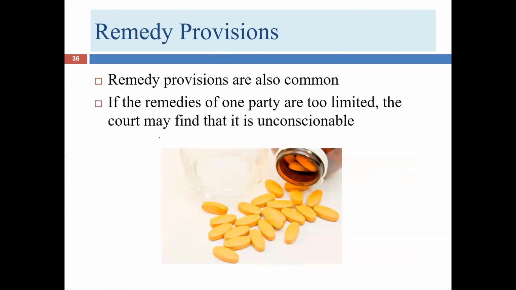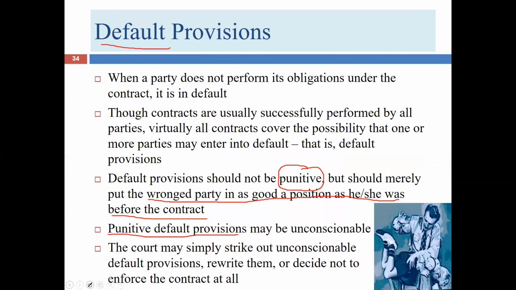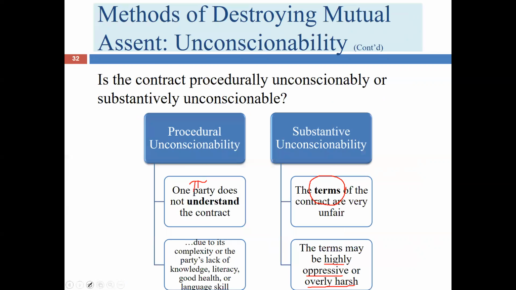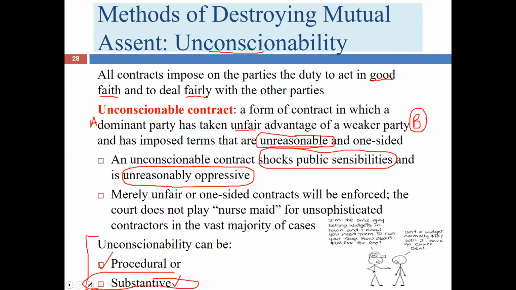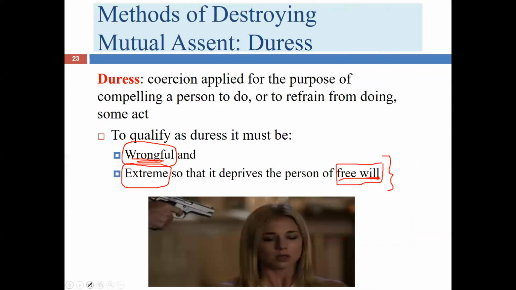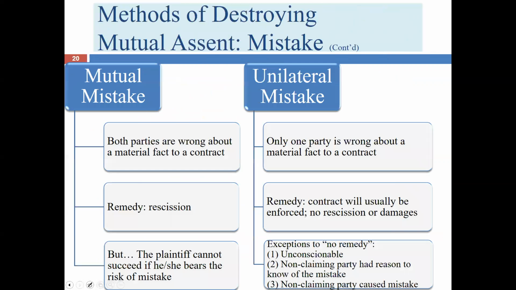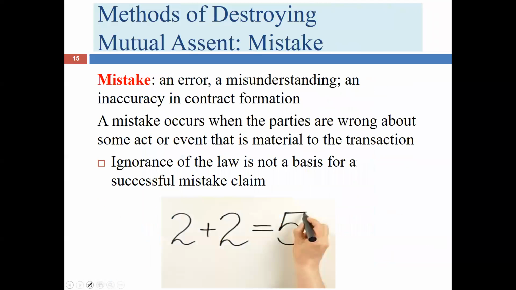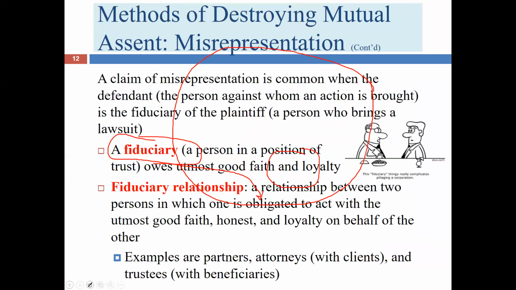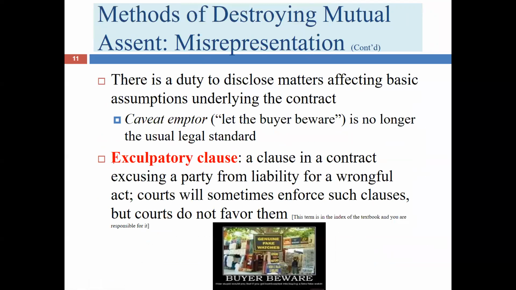And we talked about this with respect to exculpatory clauses in an earlier section of this lecture. Let me just go back and find that one. That might have been back in the first lecture. I think it's useful to spend just a second. Here we go. On slide 11, we have a definition for exculpatory clause. It's a clause in a contract excusing a party from liability for a wrongful act.